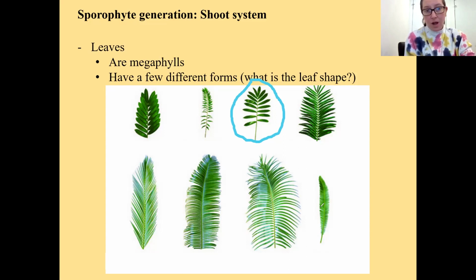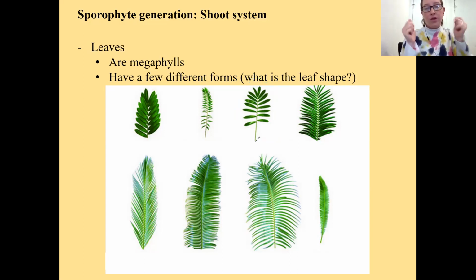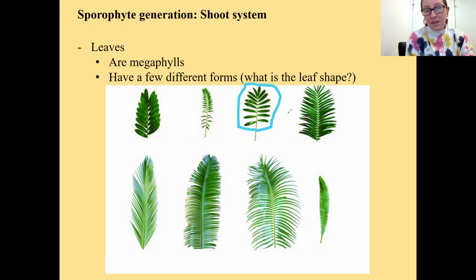So one thing you should look for is simple versus compound. Remember I told you, if you're playing with a leaf and you're holding the petiole or the stem, if there's a lot of things above that stem, you're dealing with a compound leaf. In all of the cases shown on this slide, but this one is the easiest to see, that's a lot of things up there.